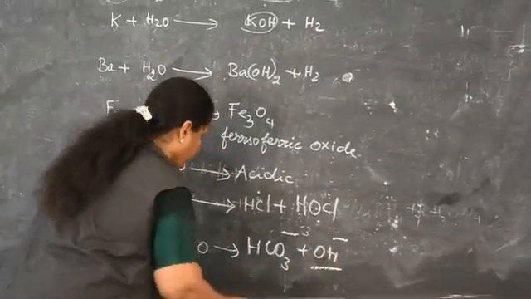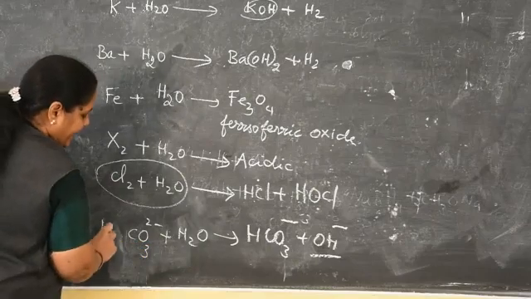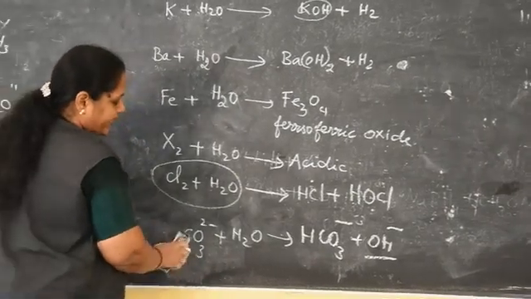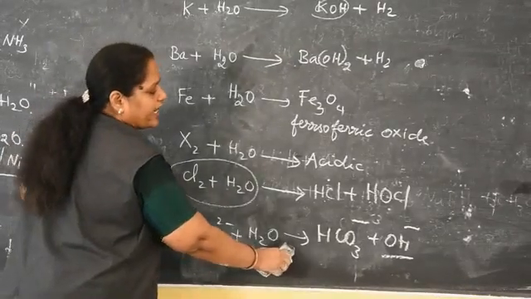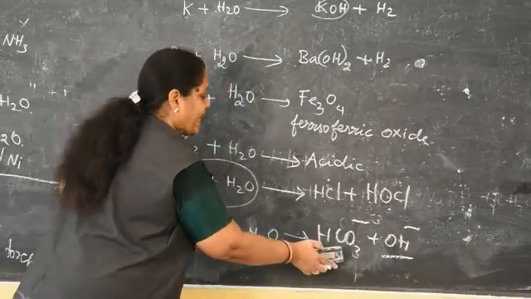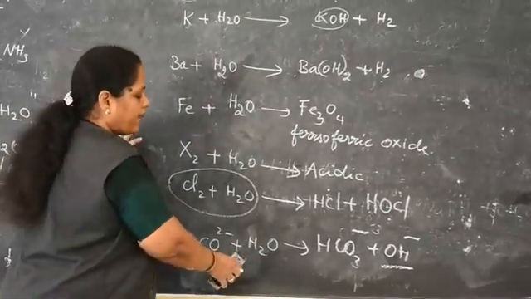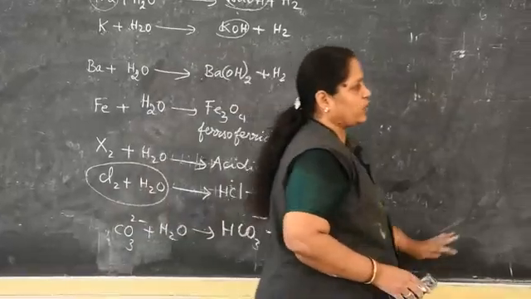Na2 I write first here; after replacing, it carries CO3 2-, which combined with water forms OH minus and bicarbonate ion. Due to the formation of OH minus, it is slightly basic in nature. Non-metallic compounds combined with water form either an acidic solution or a basic solution.